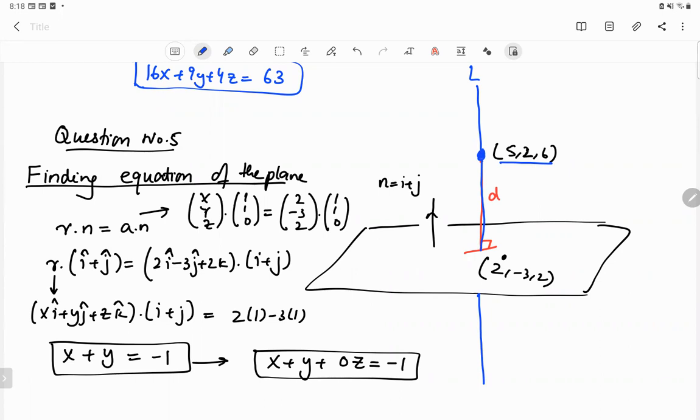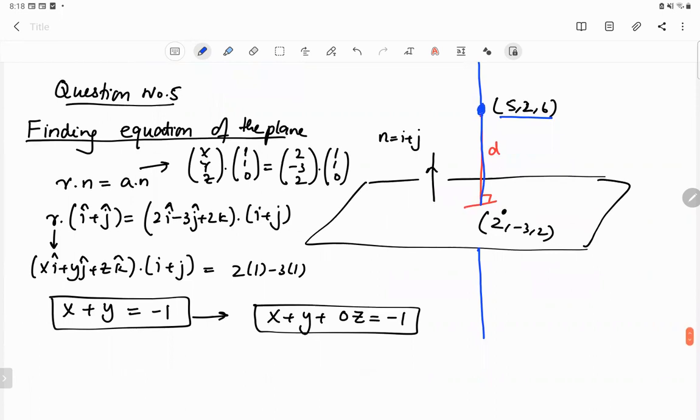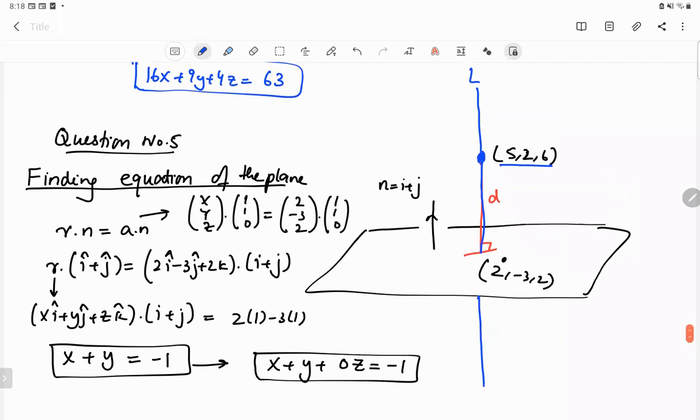Then you need to know a vector parallel to the line. Can you tell me if there is any information available in this diagram which can help you? Normal vector of the plane. Yes, you're right. The vector normal to the plane will act as a direction vector of the line, okay?